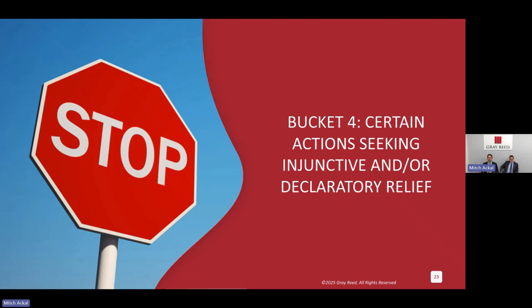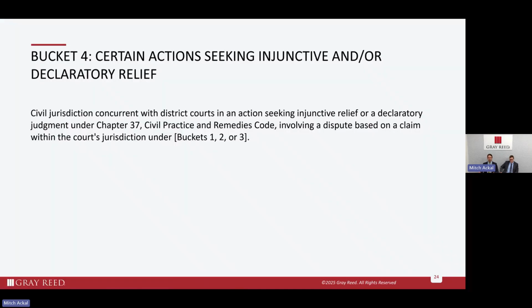Okay, bucket 4. These are any lawsuit where you're seeking either injunctive relief or a declaratory judgment, and it involves a dispute that's based on a claim that would otherwise fall into the previous buckets that we discussed.